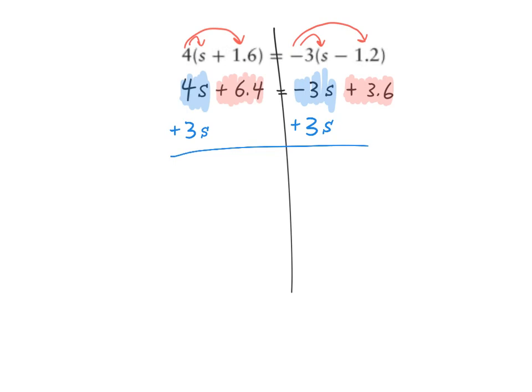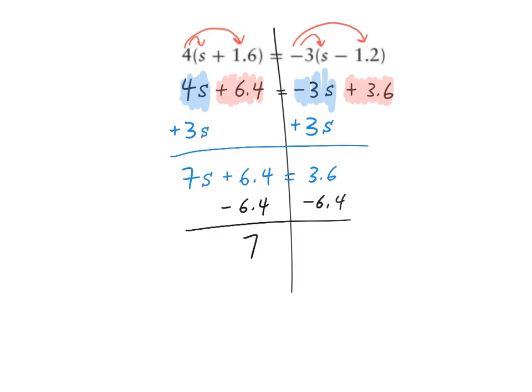And on the left, that's going to give me 7s plus 6.4 is still there. And on the right-hand side, we're going to have just positive 3.6. So I'm going to subtract 6.4 from both sides now.